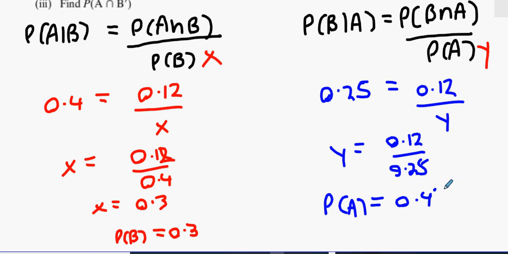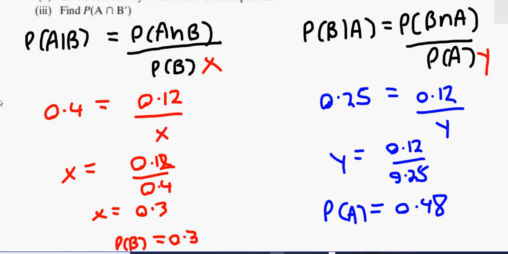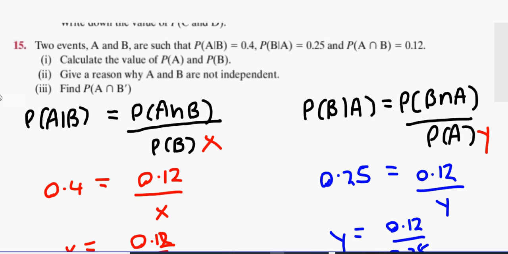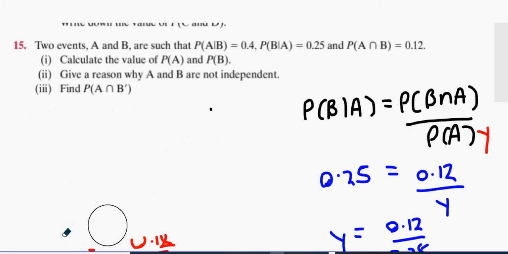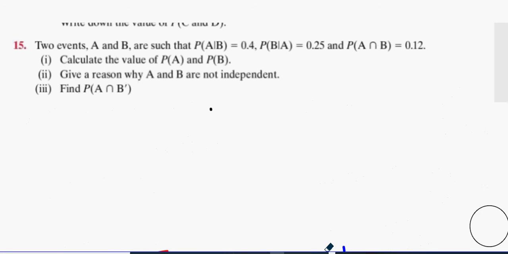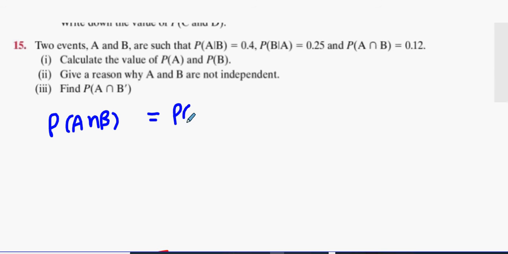Alright. Now, what does it want from me? Give a reason why they're not independent. Alright, no worries. What's the test for independence again? Anybody? Yeah. The intersection equals them multiplied by each other. And P(A) is 0.48.